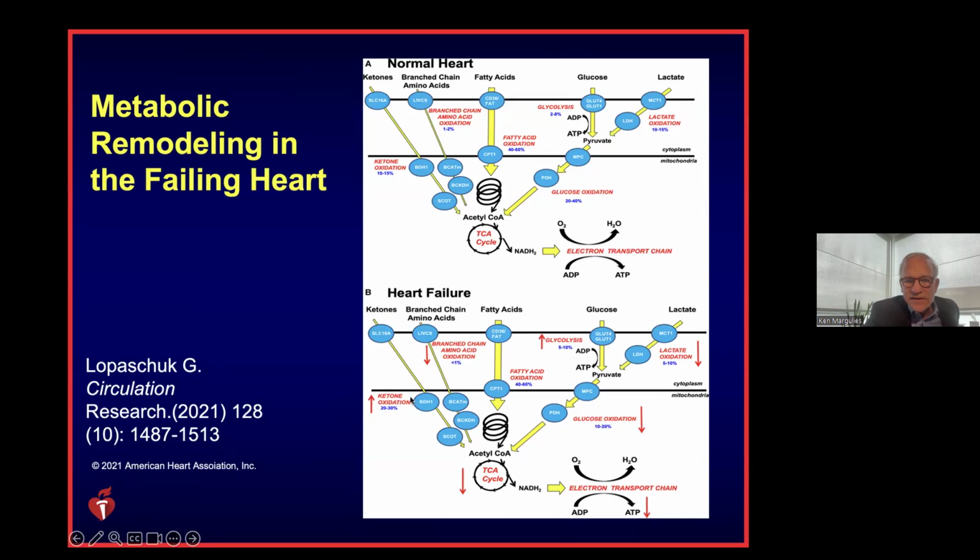In heart failure, there tends to be changes in the proportions of fuels used and burned to produce the contractility needs of the heart. So more ketone upregulation, but some downregulation of glucose utilization or other carbohydrate utilization, including lactate. And so we have less glucose being burned in the failing heart. And so that's another facet of remodeling.